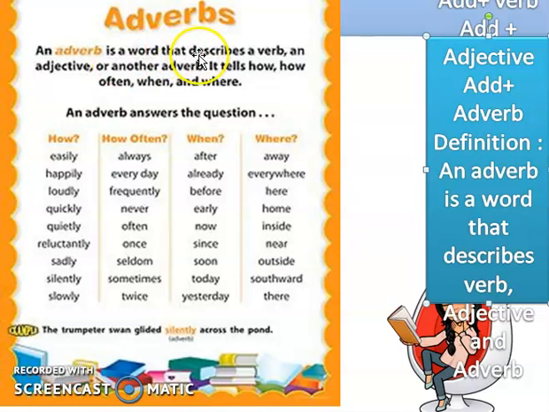An adverb is a word that describes a verb, an adjective, or another adverb. It tells how, often, when, and where. An adverb answers the question. We always remember that an adverb answers the question. How often, when, where. These are some common adverbs.